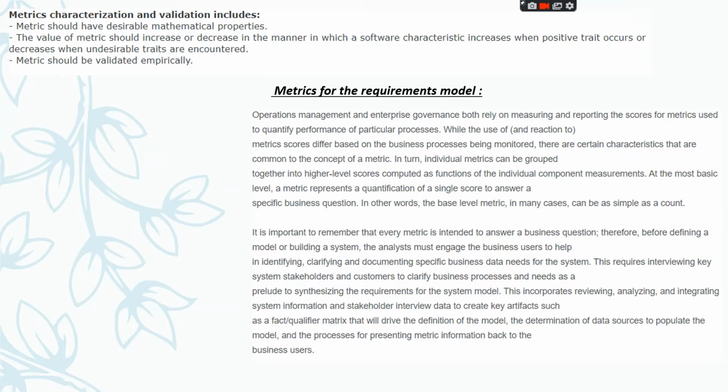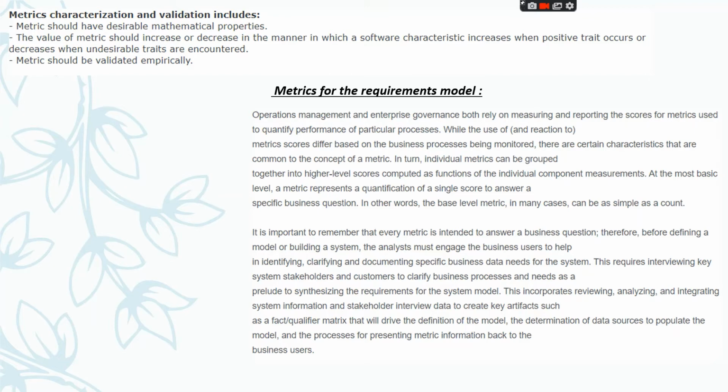So this whole process requires interviewing key system stakeholders and customers to clarify business processes and needs as a prelude to synthesize the requirements for the system model.